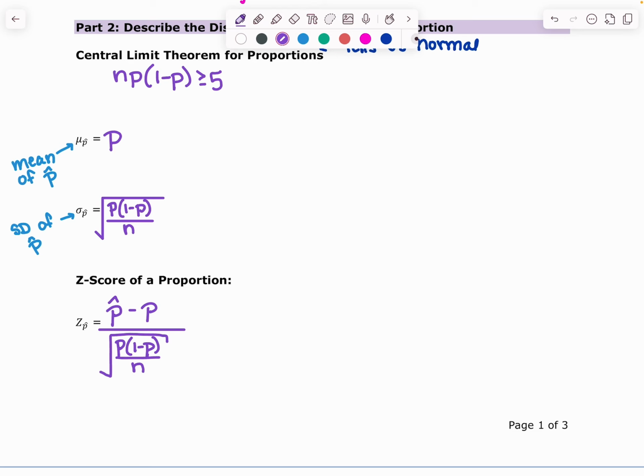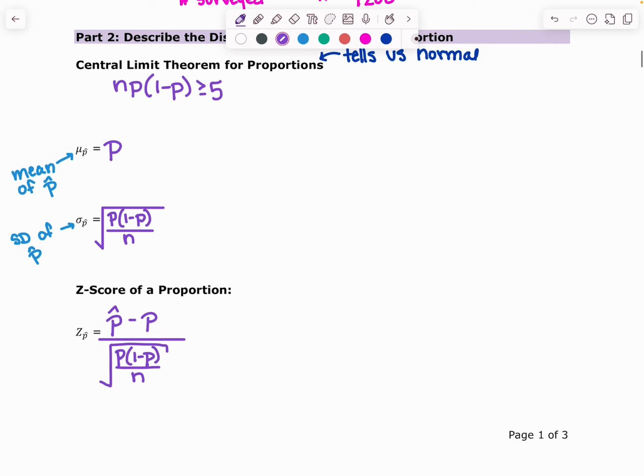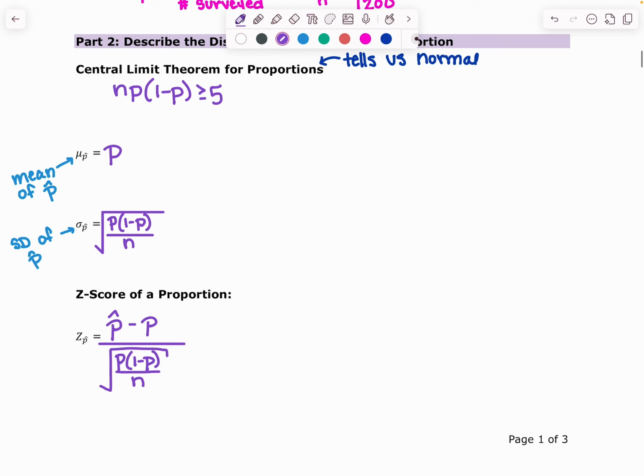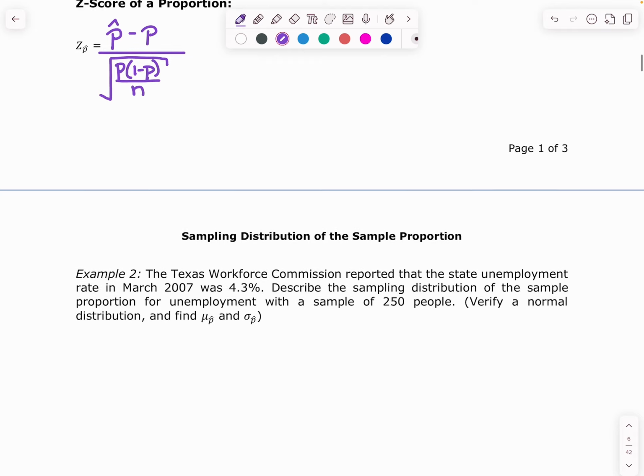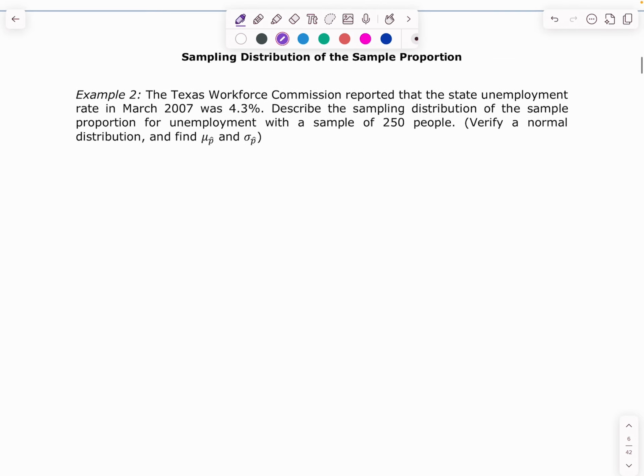So if you've already found that, you don't have to calculate it again. So this is what the sampling distribution looks like. So let's look at an example.